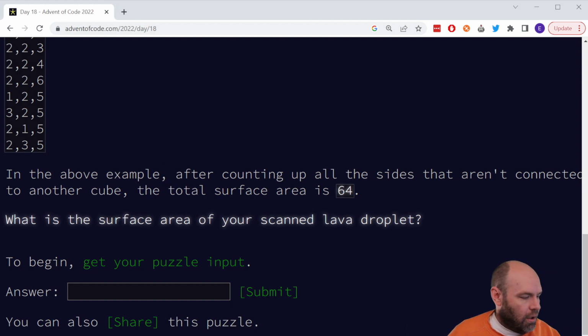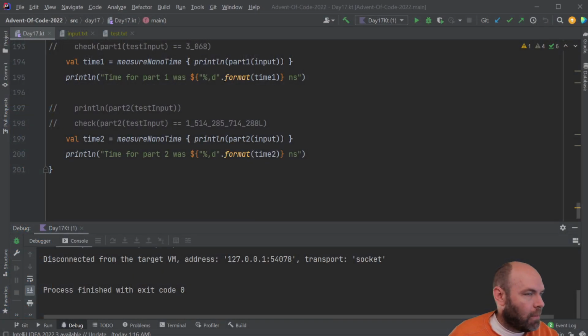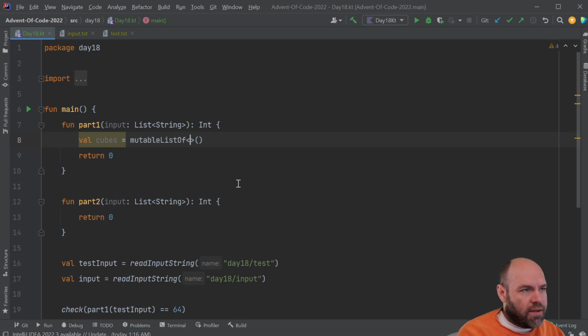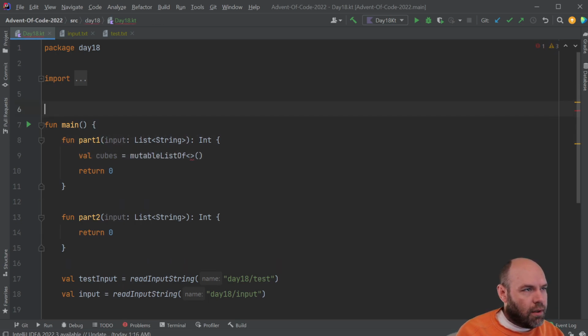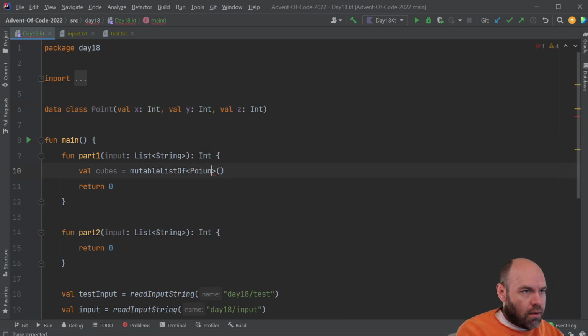Okay, that's not too bad. Okay, let's grab this. So for cubes, we're just going to look at a mutable list of, and we'll just call them data class Point, which is going to have a val x Int, val y Int, val z Int, and then a list of points.